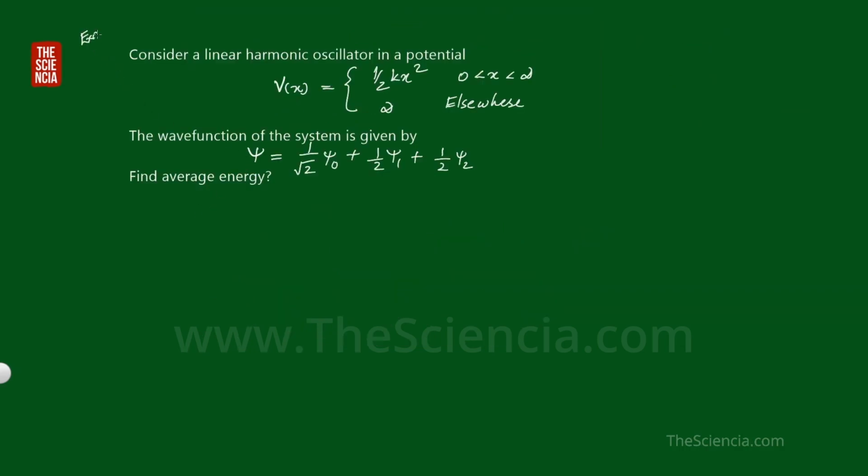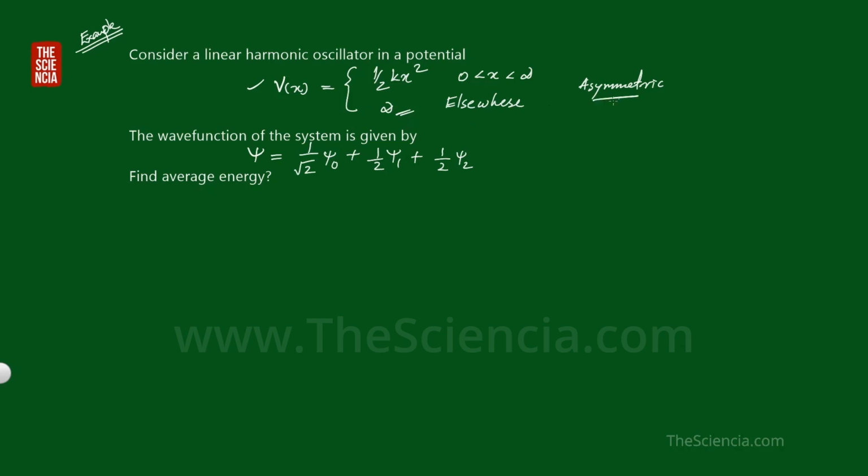Example problem. Here, a linear harmonic oscillator potential is given, and from the given potential we can understand that this is an asymmetric harmonic oscillator, right? Because in the negative x region, the potential is infinite.